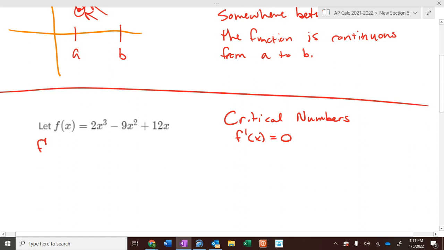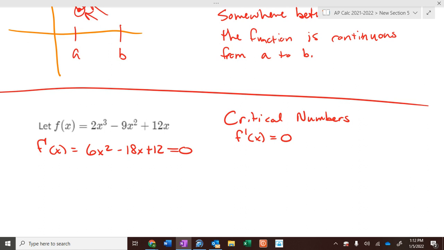So what's the first derivative of this first one? 6x squared minus 18x plus 12. You set the first derivative equal to 0. How do we solve for x here? Factor, the dreaded F-bomb. So what do we take out first?